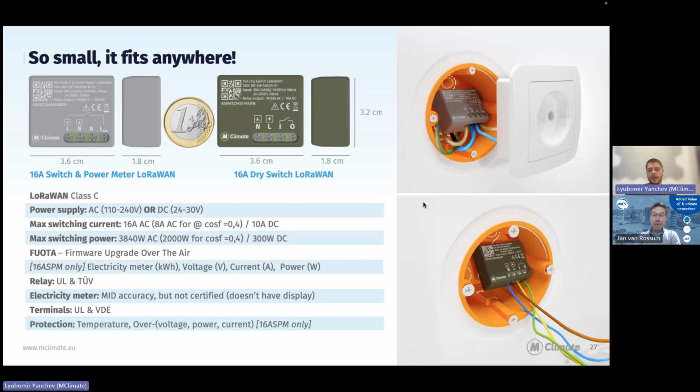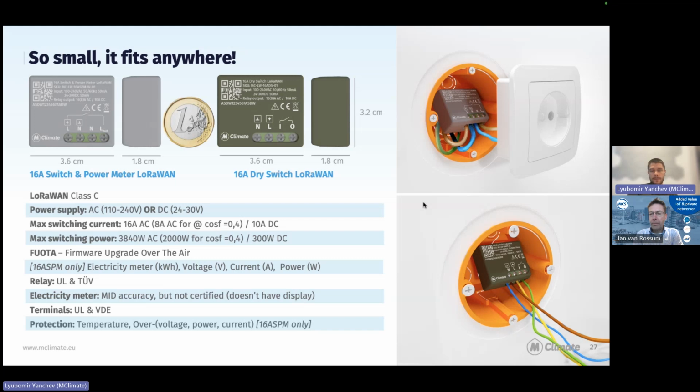Both devices support either AC or DC power supply, which makes them very versatile. The max switching current is 16 amps for the AC and 10 amps for the DC. In terms of switching power, 3.8 kilowatts of AC and 300 watts of DC. Both of them feature firmware upgrade over the air. So if we launch a new firmware, no need to visit the building.